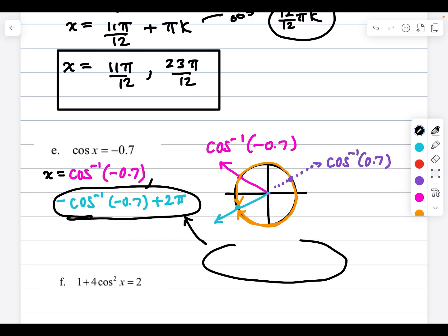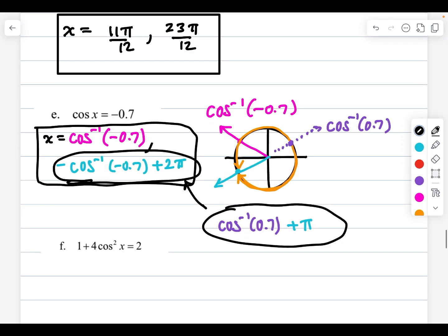What some students do, instead of the answer I just circled, is they know that right here in the first quadrant, this is arc cosine of 0.7, where the x coordinate where that angle intersects is 0.7. And then they'll add pi.